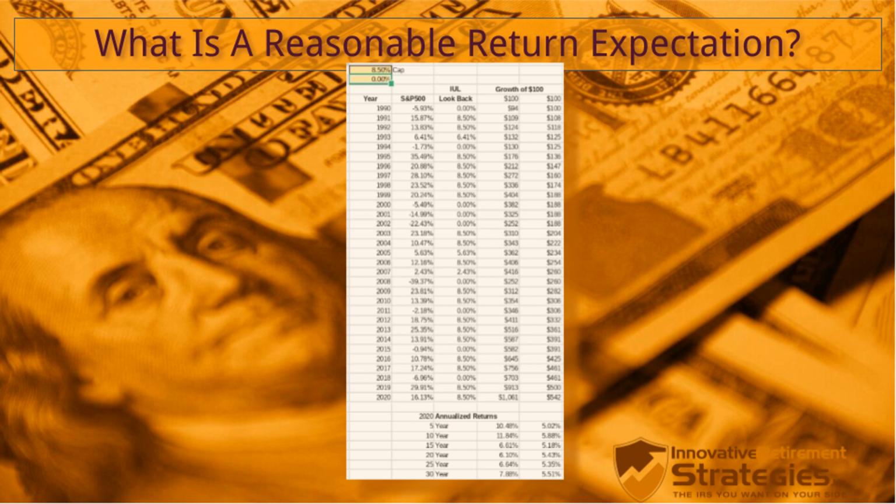So, if in today's environment, with all the interest that their reserves are earning, the caps are 8.5%, we can take a look at over the last 30 years what a hypothetical index universal life would have earned if we take today's parameters. Now, don't run wild with this and assume that this is what an index universal life is going to earn, because that's not the case.